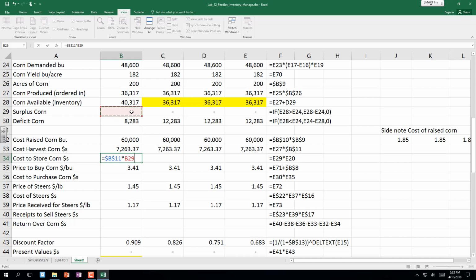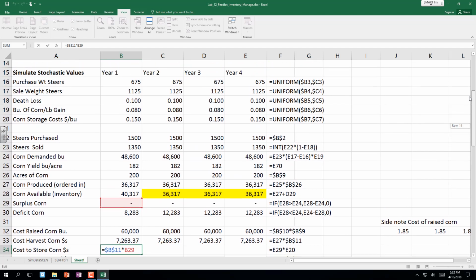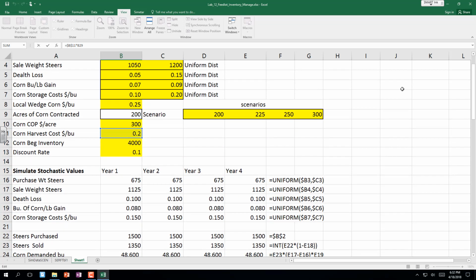Why did you select the lowest? You selected the lowest cost? Did I? Oh, I did, didn't I? Yeah, it's not that 20 cents. It's the 25 cents. No, it's a storage cost right there in B20.